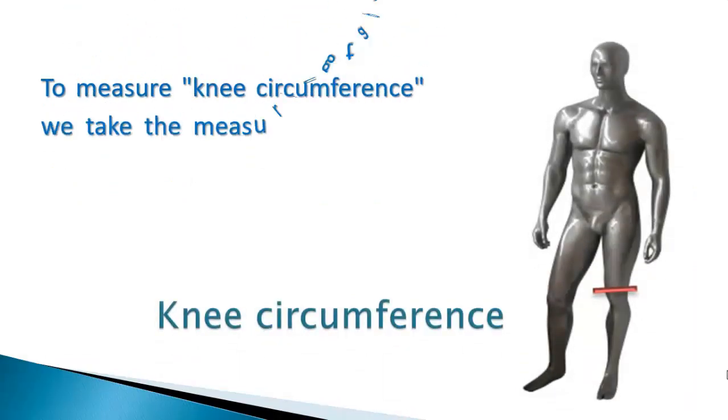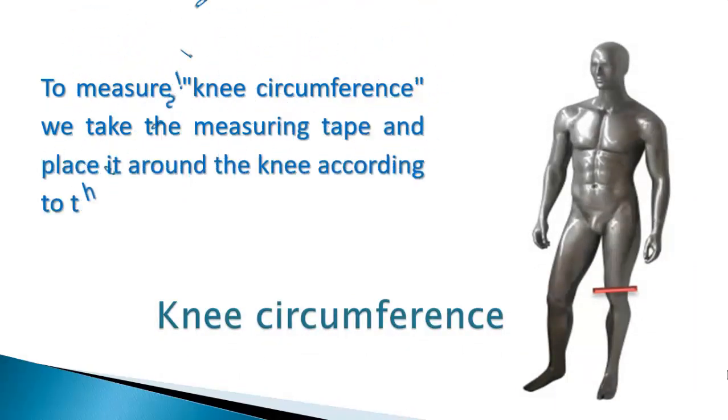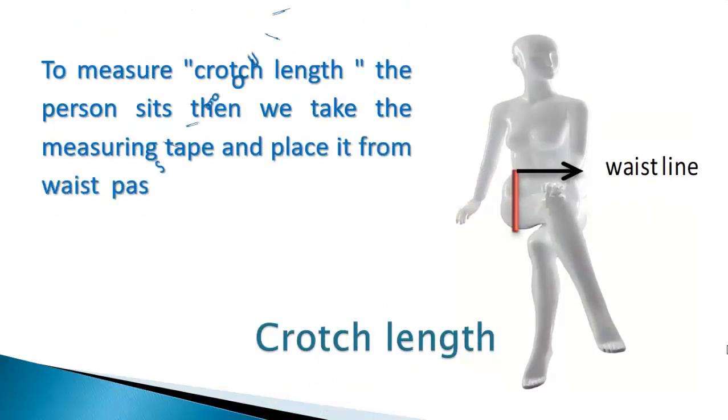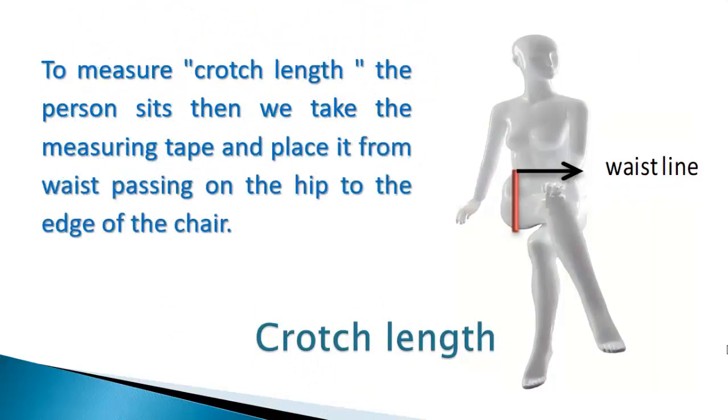To measure knee circumference, we take the measuring tape and place it around the knee according to the desired width. To measure crotch length while the person sits, we take the measuring tape and place it from the waist, passing on the hip, to the edge of the chair.